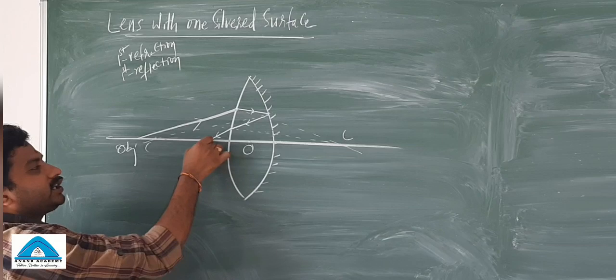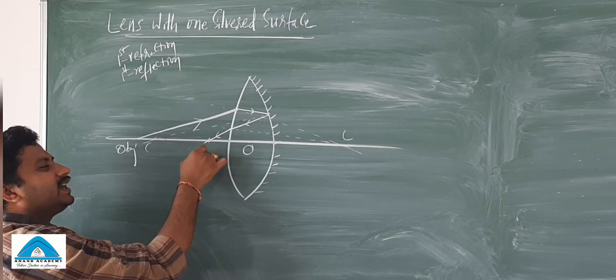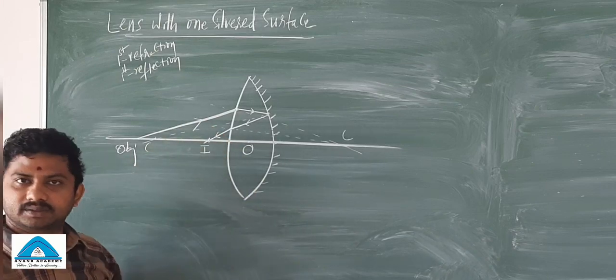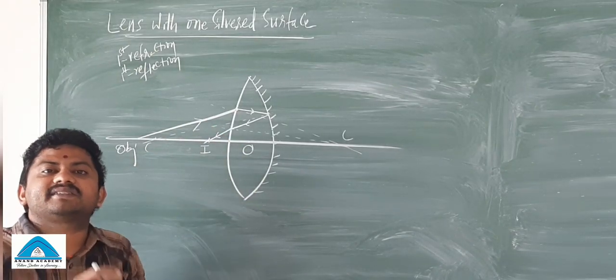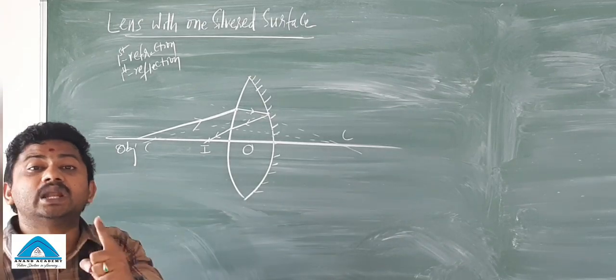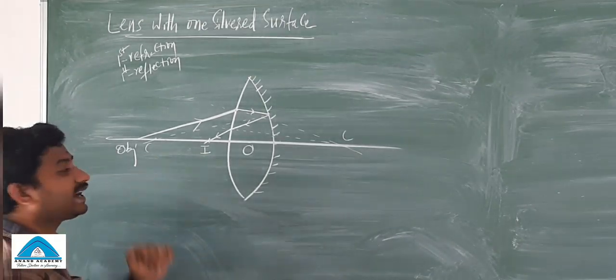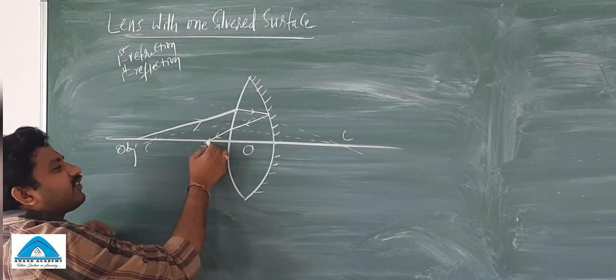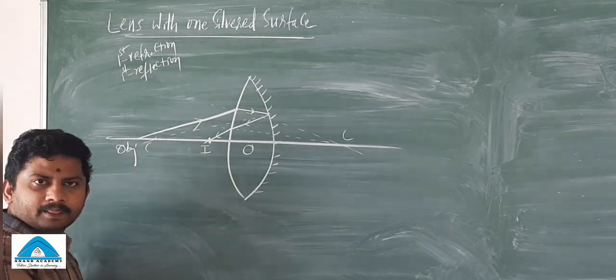And this is the point where the final image is formed due to this combination. Is this image a real image or a virtual image? This is a real image, because you can understand the situation here. This is the first light ray and the first final refracted light ray.